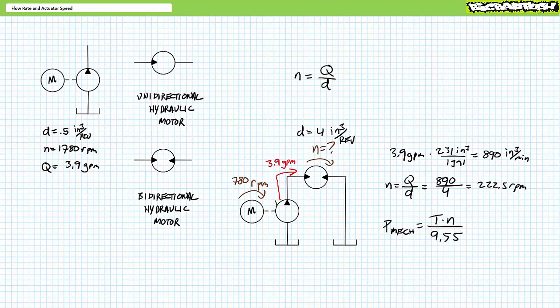Can you dig it now? A small displacement pump being driven at a super fast speed yields a slower moving rotational actuator with significantly more torque. This forms the basis of a number of hydraulic devices, a common example being a hydraulically driven winch used to extract a mired vehicle with a low-speed, high-torque hydraulic motor.